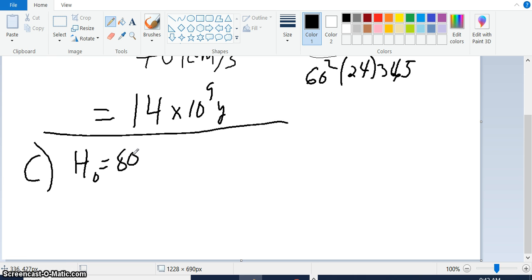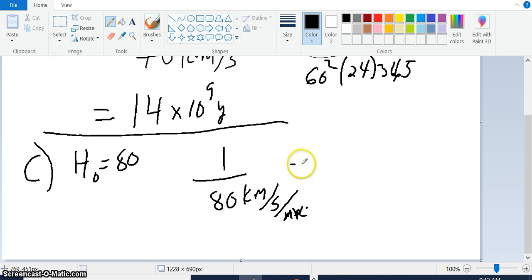The age of the universe is just the reciprocal of the Hubble constant, right? So it's 1 over 80, and of course, remember that's kilometers per second per megaparsec. And the trick here is to convert 1 megaparsec to kilometers. And so we do that over here.